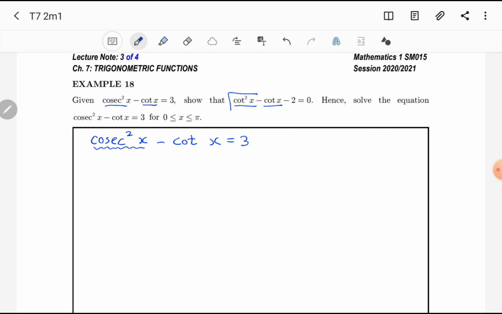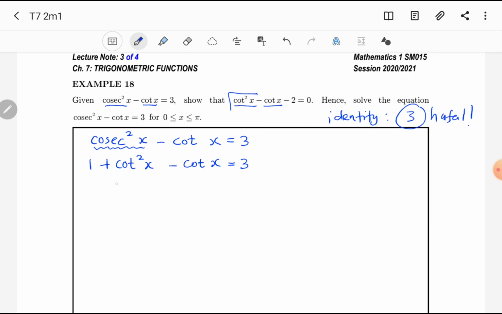cosecant squared. Okey, so awak kena tahu satu benda namanya identity. Okay, so for identity ada 3 identity. Kena hafal. Okay, so cosecant squared x equals to 1 plus cot squared x and then minus cot x equals 3.